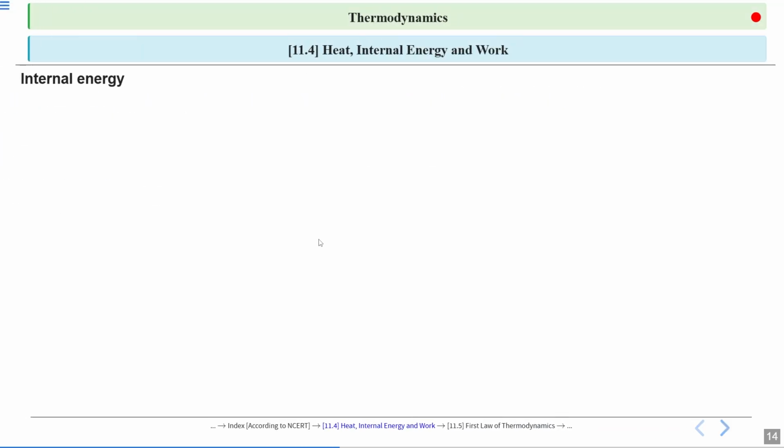Internal energy: change in internal energy does not depend on path. It means it is a state function. State functions are functions which do not depend on path. They depend only on the initial and final positions of the process. If the initial state I and final state F are the same, in that case the change in internal energy is equal to 0.